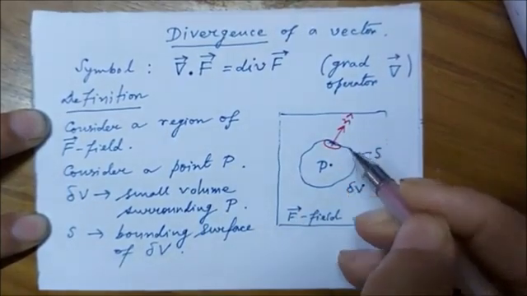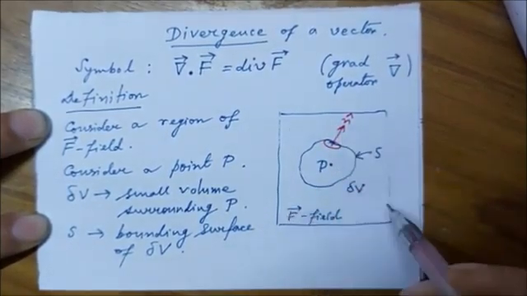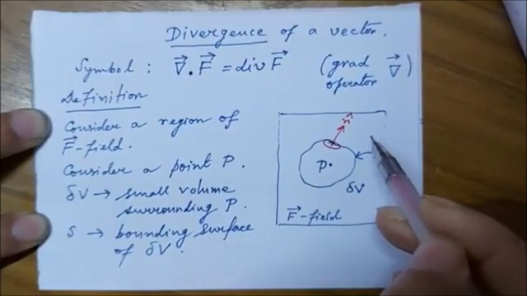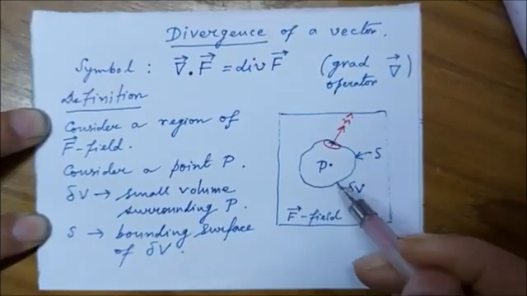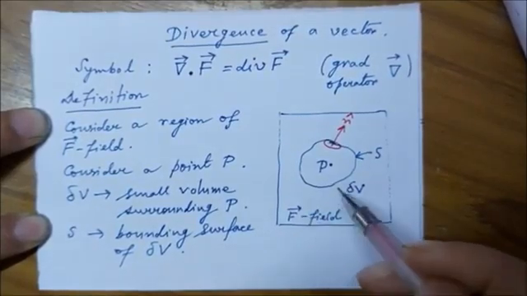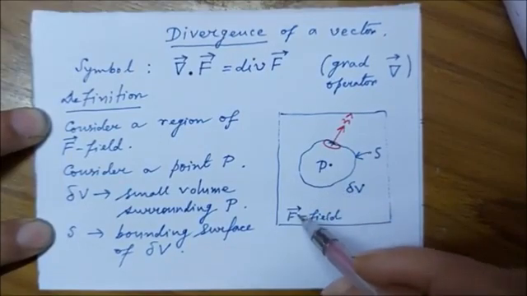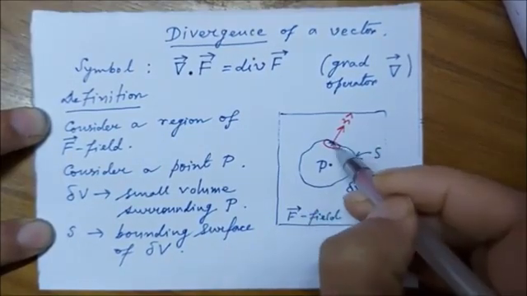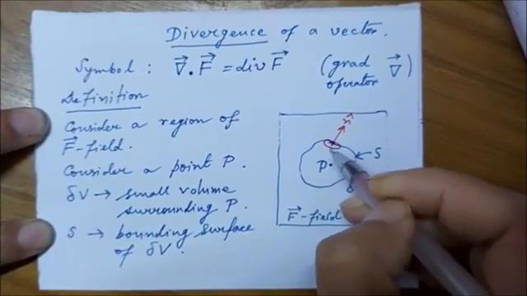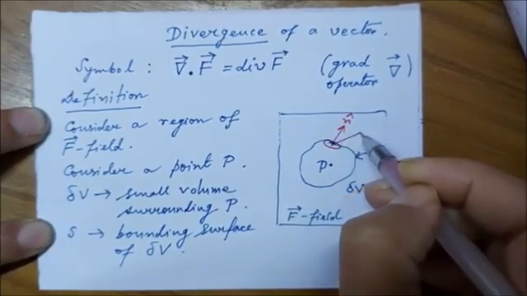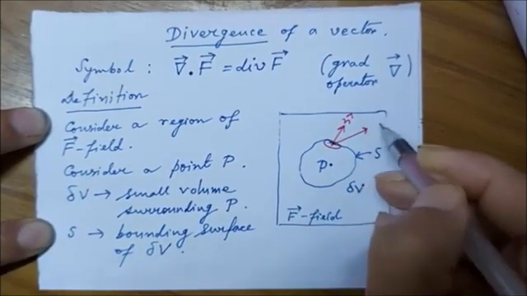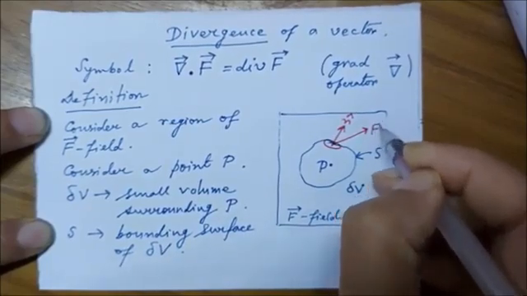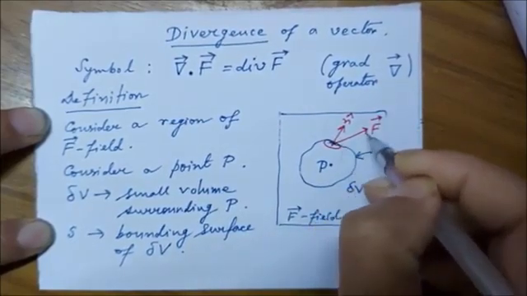and since this is a region at each and every point of which a vector f is defined, there will be a value of vector f at the location of this surface element also, and let it be, say, in this direction.